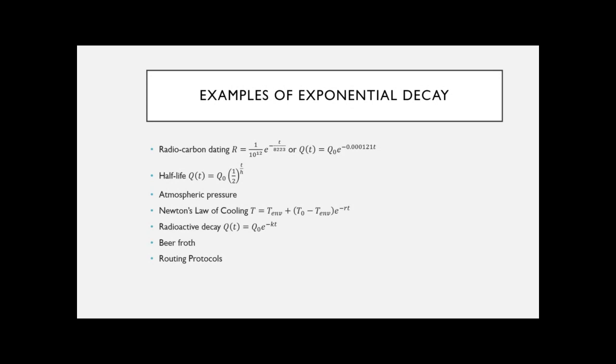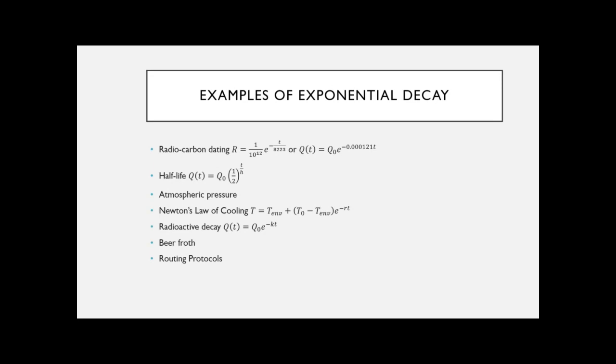And then exponential decay: anything like radiocarbon dating, half-life, atmospheric pressure actually has exponential decay when you model that. Newton's law of cooling, there's radioactive decay, which is very similar to radiocarbon dating. Beer, actually, the way that it disappears is exponential decay.